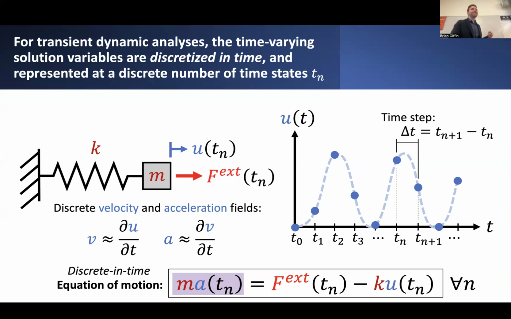So we introduce these two additional variables, and this introduces a complication because it means I have at each one of these time steps an equation of motion, which is the equation that I'm seeking to solve in order to determine the new displaced state of the structure at some time state proximal to an existing time state for which I already know all these variables.